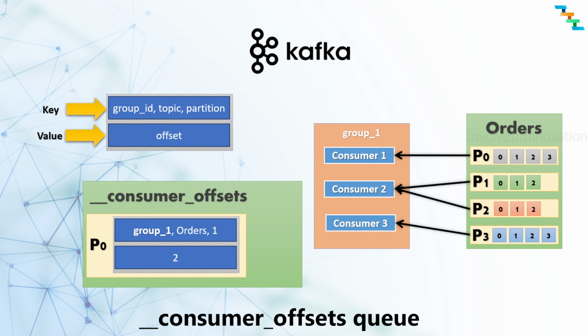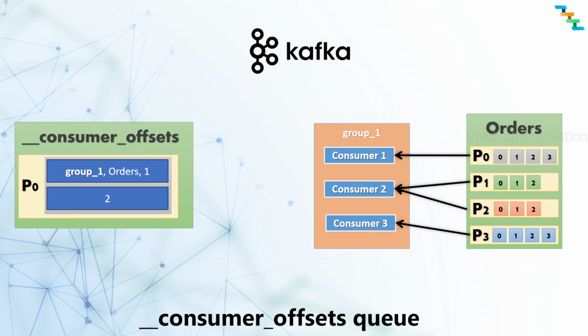For example, 2. When a consumer successfully processes a batch of messages from a partition, it can use the commitSync or commitAsync method to commit the processed offsets to Kafka. This involves sending a commit request to Kafka, which in turn stores the committed offsets in the consumer offsets topic.